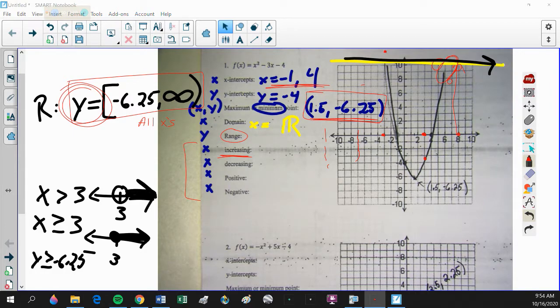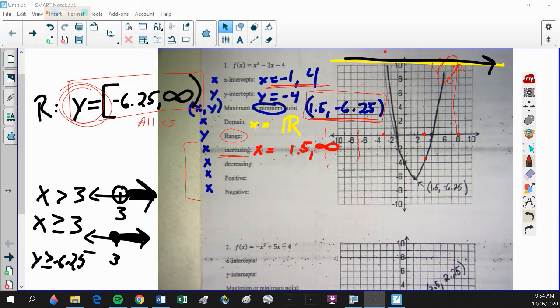So if we started forever ago and we end forever from now, at what point will we start going uphill? At 1.5 seconds. So increasing will be x is equal to 1.5. When will I stop going uphill? Never. So that is infinity.